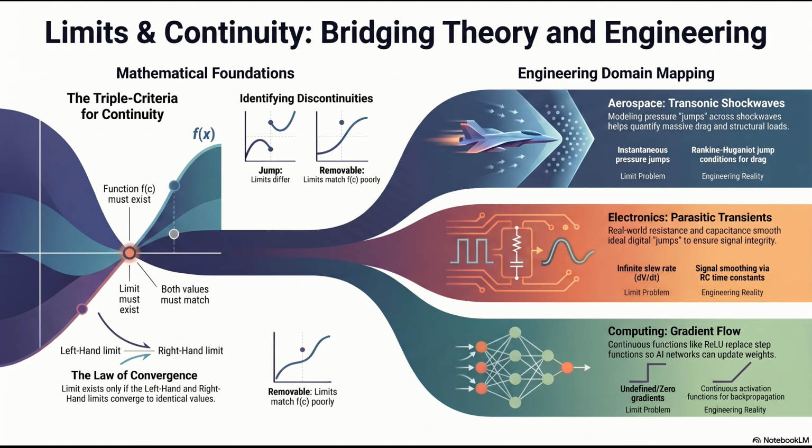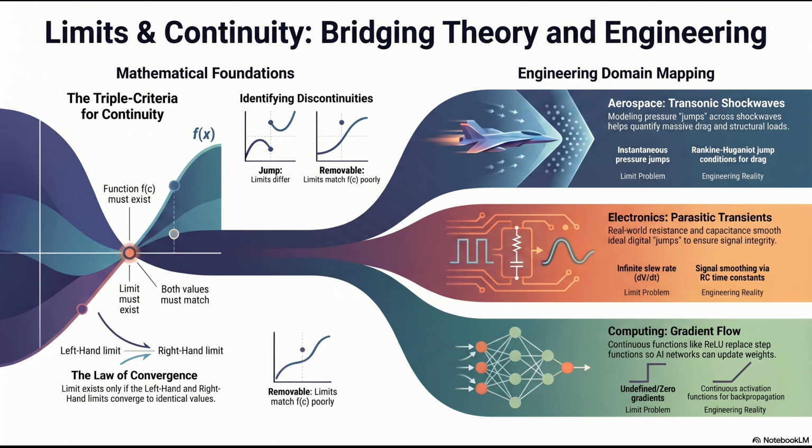Mathematically, this perfect digital switch is modeled by something called the Heaviside step function. Okay, how does that look? Well, if you picture it on a graph, it looks exactly like a single perfect staircase step. You're riding along a flat line at 0 volts, and then instantly straight up a vertical wall to a flat line at 5 volts. But evaluating the limit at that vertical wall creates a massive problem for physical engineering.